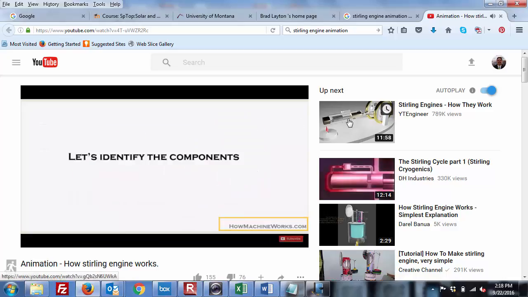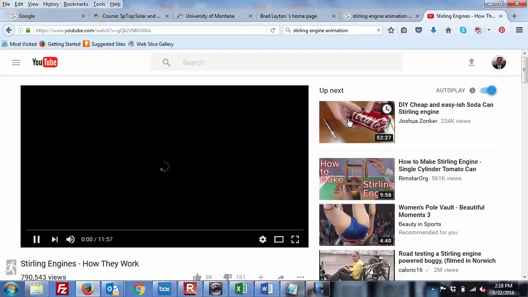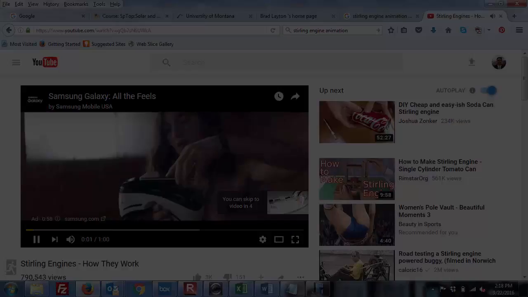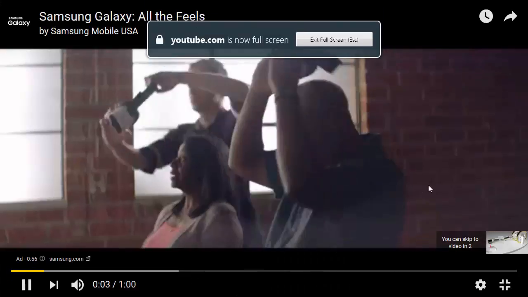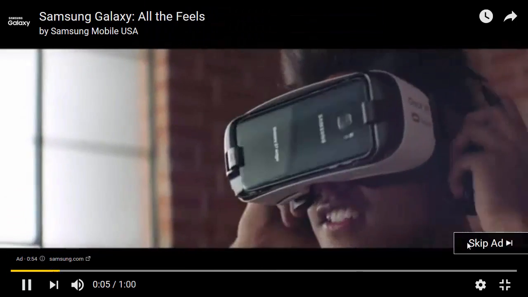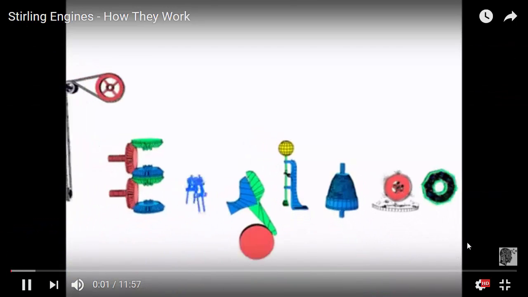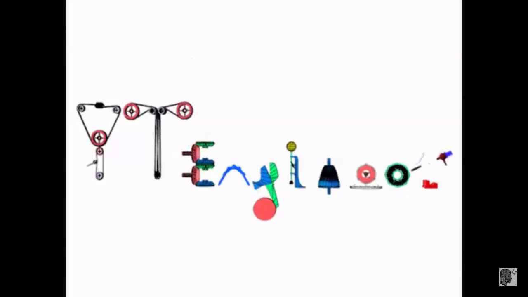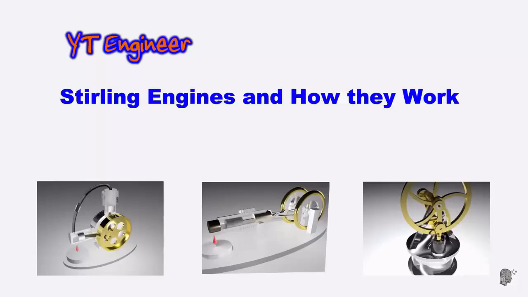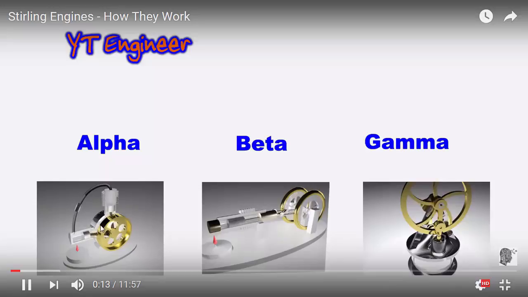Let's look at this one here. This one's a little better. Turn this up a little bit here. So there's the alpha that we just looked at, the two-cylinder.